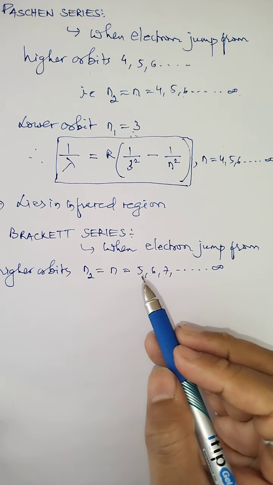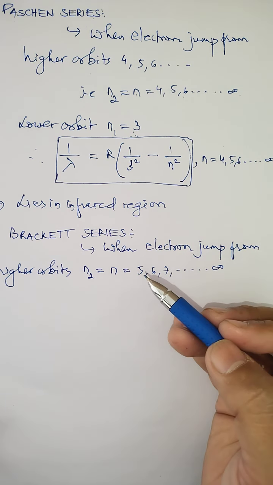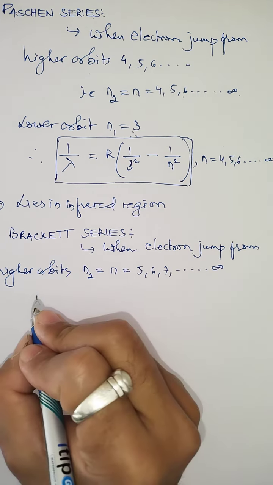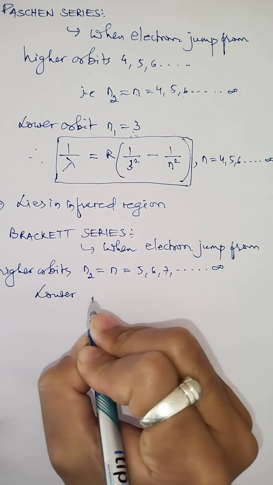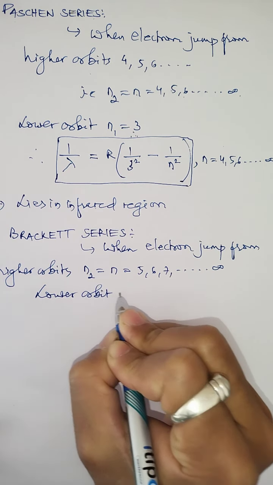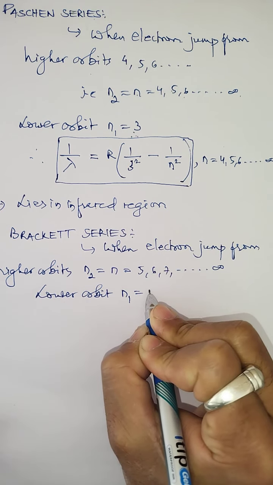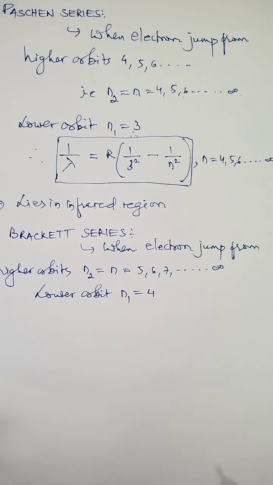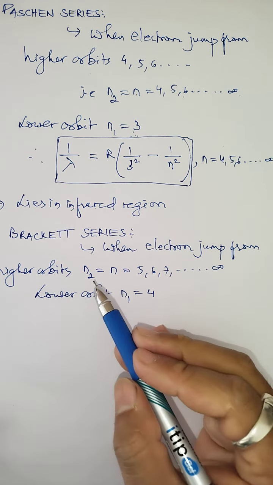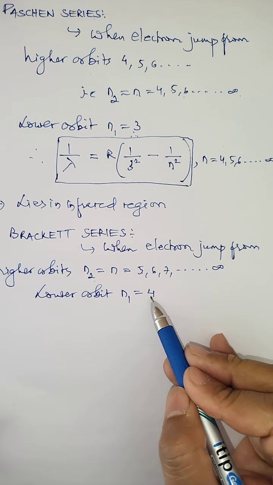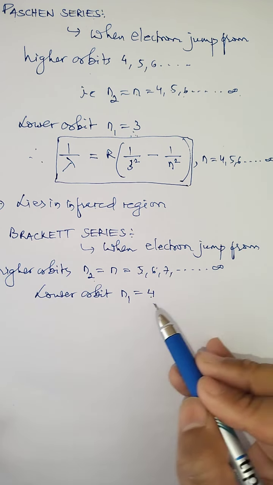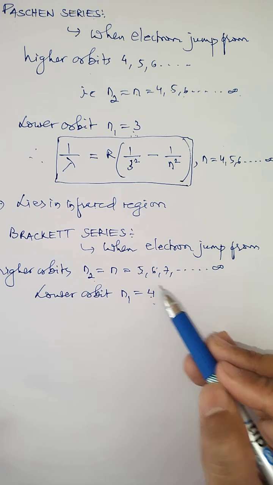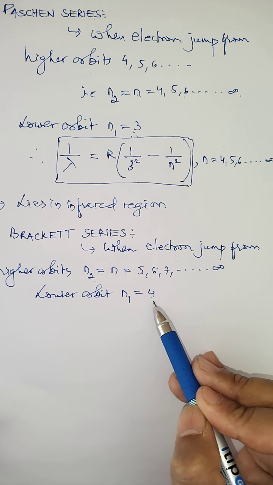That means when the electron jumps from a higher orbit like 5 to the lower orbit, the lower orbit which is marked by n1 must be 4. So in Brackett series, the electron has to jump from 5 to 4, 6 to 4, 7 to 4, or infinity to 4.